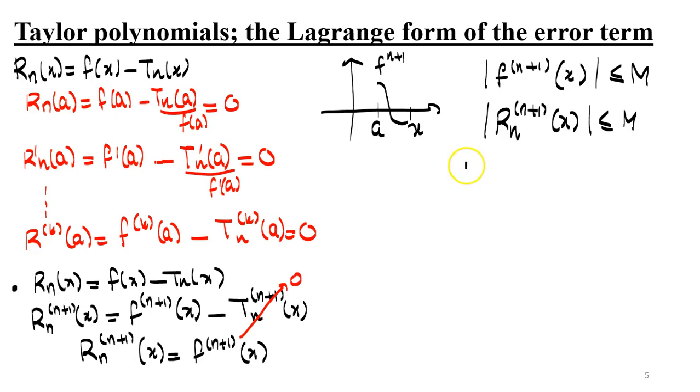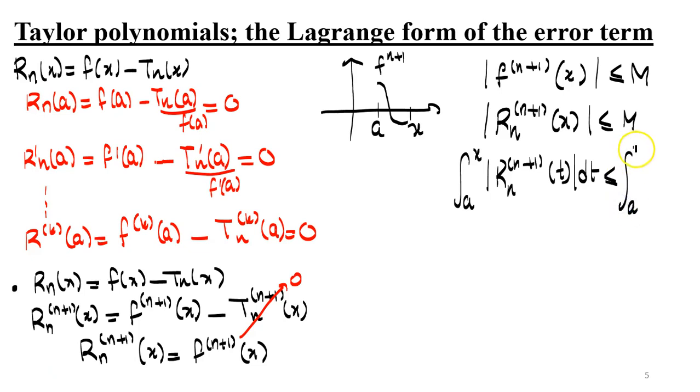So I'd have that the integral between a and x of the absolute value of the derivative of order n plus 1 of R of t dt, I'm sorry, I need to change the variable here since I took the bounds from a to x, is smaller than the integral between a and x of M dt. And that is for t in the interval a, x.